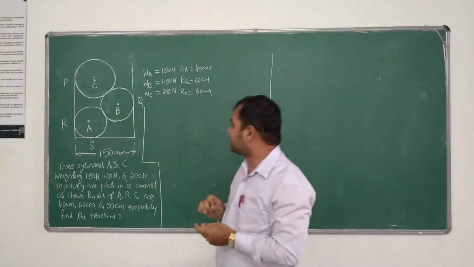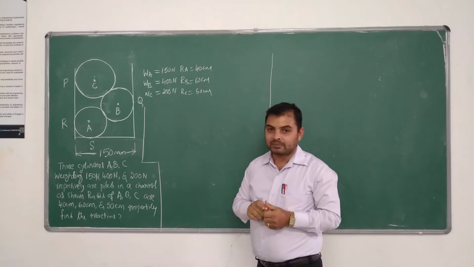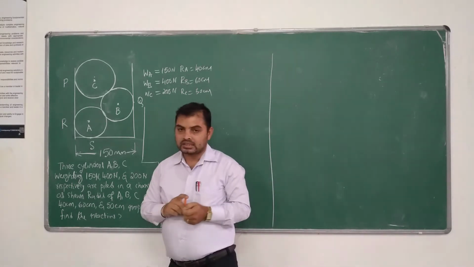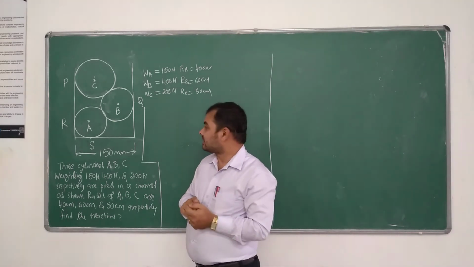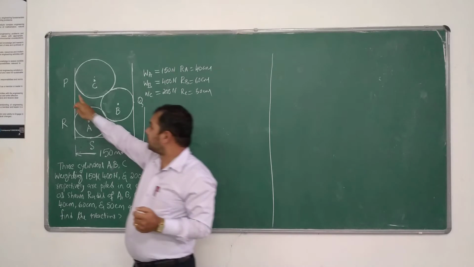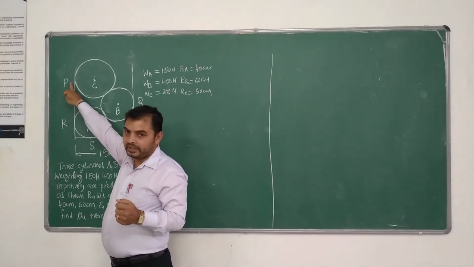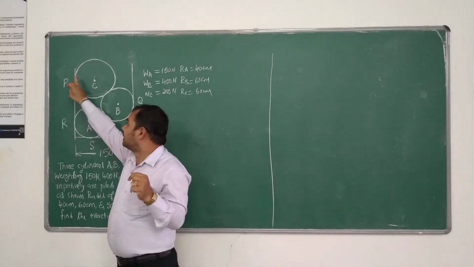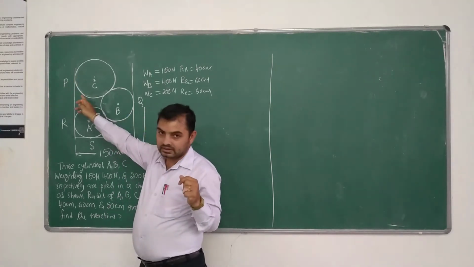So before we draw the free body diagram, let us think about the inclination of the reactions. As we already know, the reactions are always perpendicular to the surfaces. If you take the reaction at the point P, the reaction will be in the horizontal direction because the surface is exactly vertical.